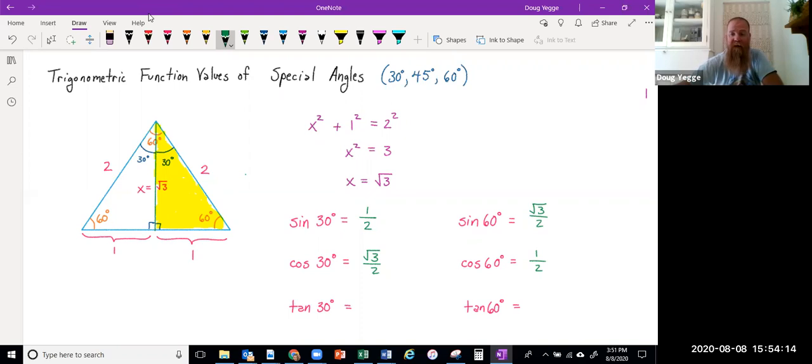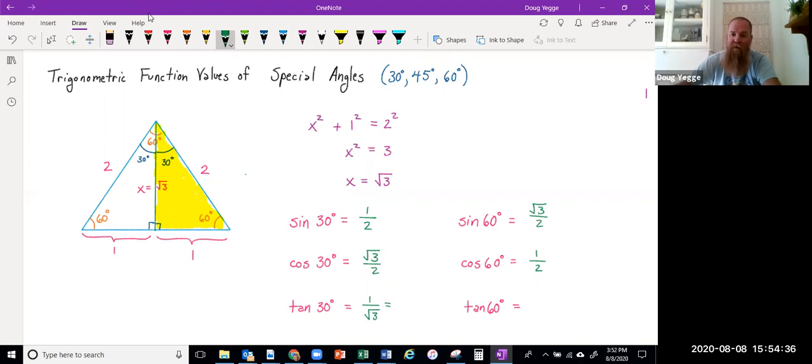And now finally for tangent of 30 and tangent of 60. So tangent of 30 is the opposite over the adjacent. So in other words, it's 1 over √3. Which is technically the answer, but what we often do is rationalize the denominator.